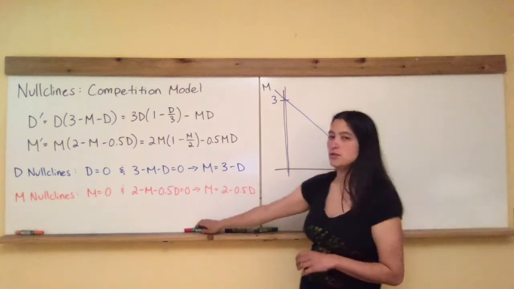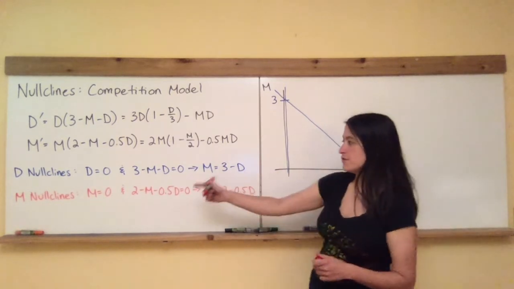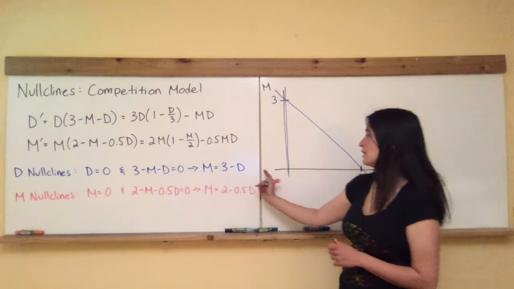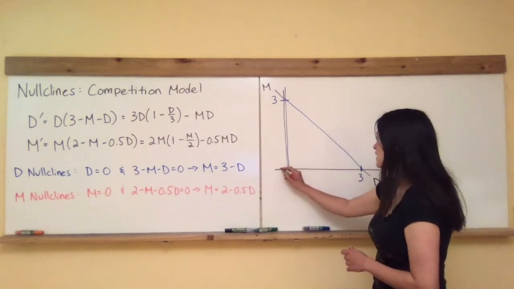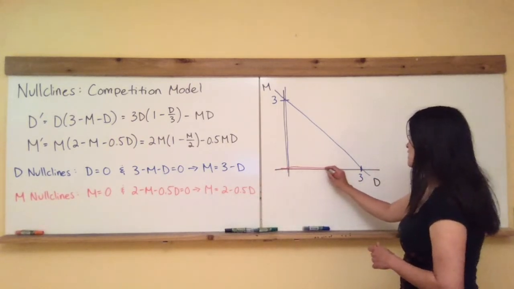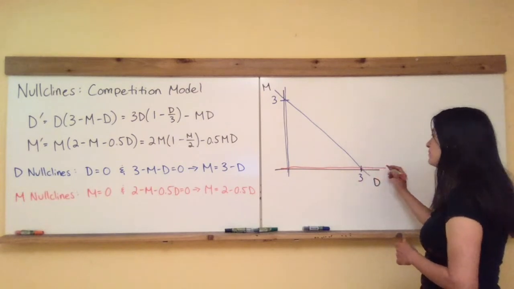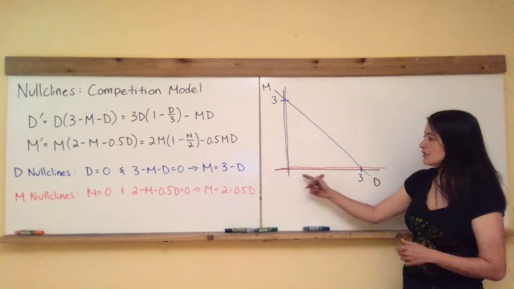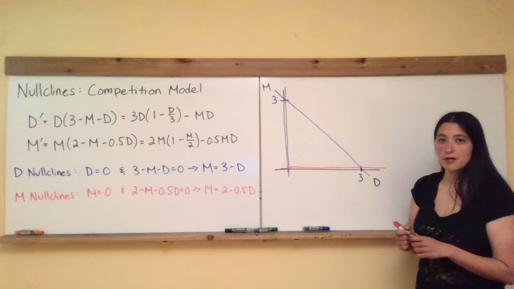Now I'm going to do the two M nullclines in red. The first one's M is equal to 0. That will be just like y is equal to 0, a horizontal line going across, right on top of the horizontal axis. I'm just drawing it on top so you can see it better.